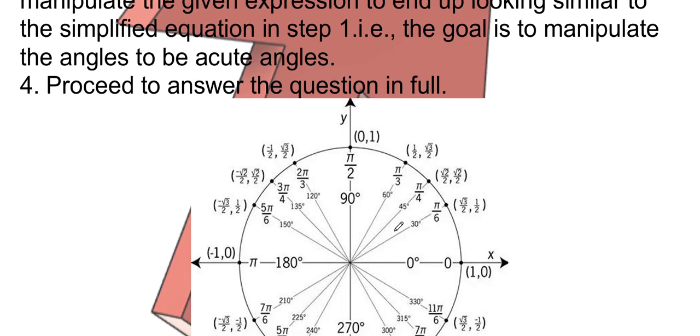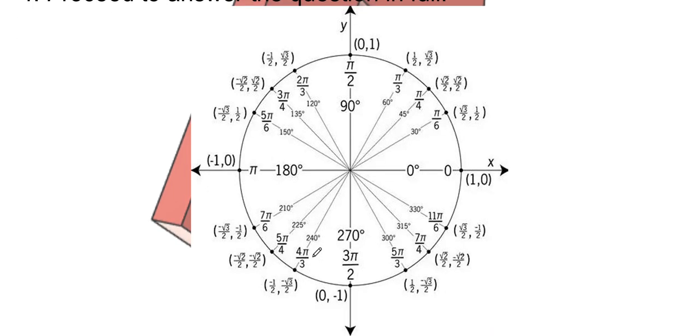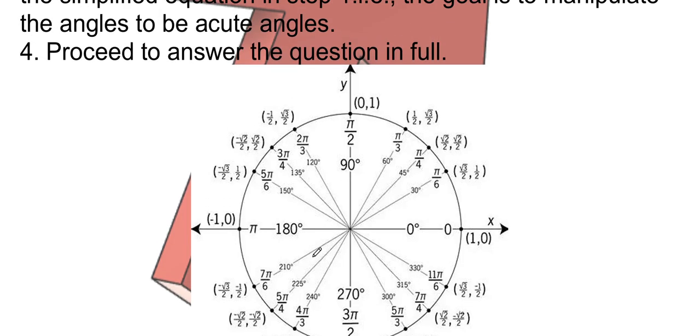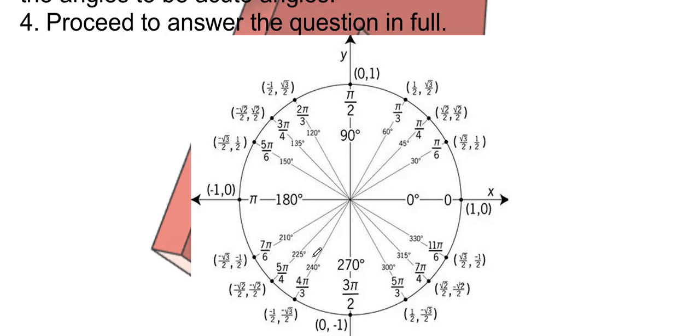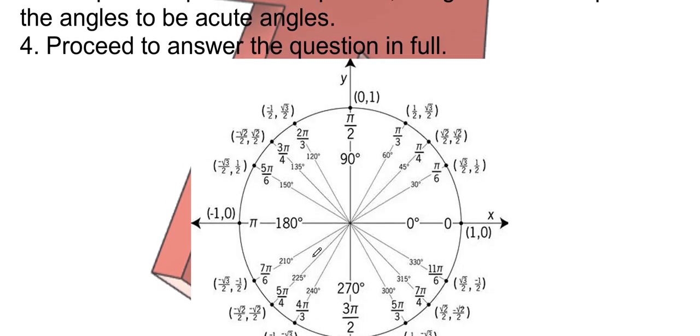For example, make it 30, 45 or 60 degrees, because we are able to get the trigonometric values of such angles easily using this circle. Sometimes you might even have these in your head. If someone says give us the cos of 30, you might already know it, because you have been doing this since last year. It's now a standard procedure.